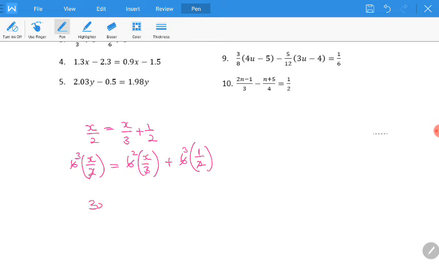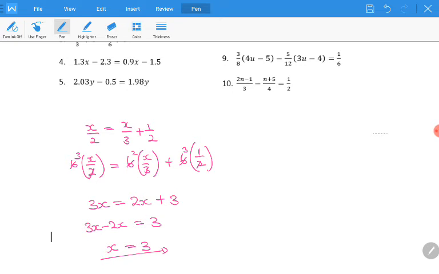So 3x is equals to 2x plus 3. So if 2x goes to the left hand side, it becomes 3x minus 2x is equals to 3. This simplifies to x is equals to 3.